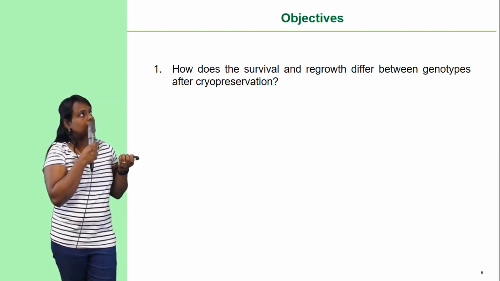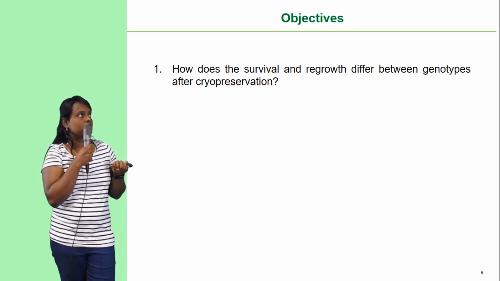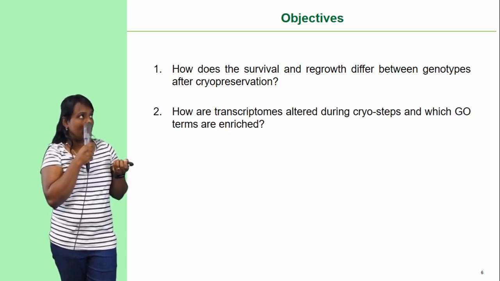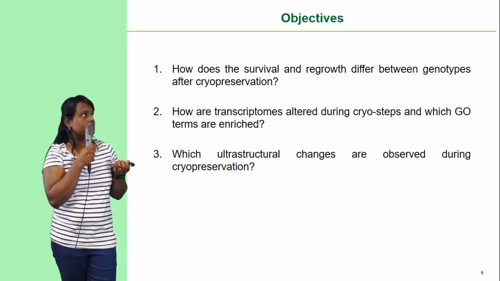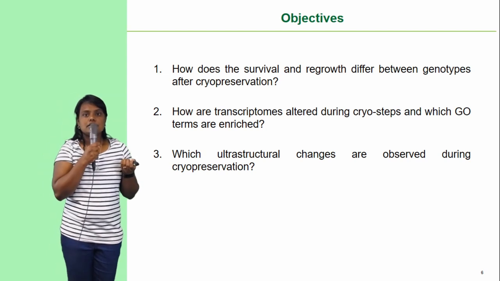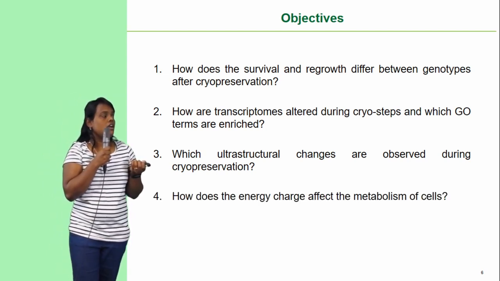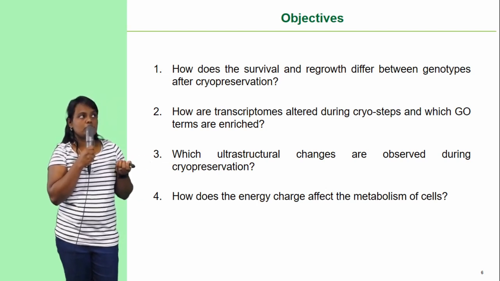How does the survival and regrowth differ between genotypes after cryopreservation? How are the transcriptomes altered during cryosteps, and which GO terms are enriched? Which ultrastructural changes are observed during cryopreservation? Finally, how does the energy charge affect the metabolism of cells?